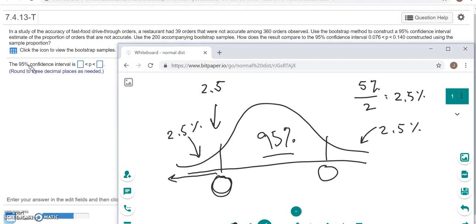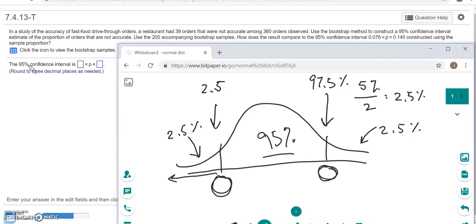The second percentile we need is for this point right here. This percentile is going to be the 97.5th percentile. Why is it 97.5? Because to find this value for the upper limit of our confidence interval, we need to know what area to the left of this point is present on the graph.